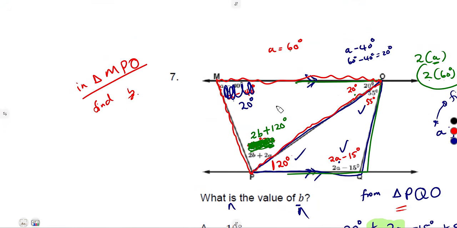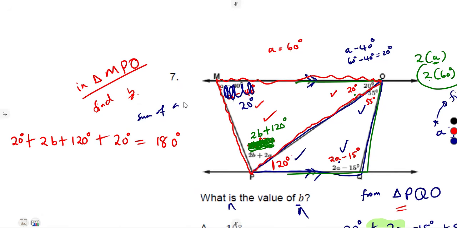So let's consider that angle 20 degrees plus 2B plus 120 degrees is supposed to give us 180 degrees, the sum of angles in a triangle. So you have formed an equation where we only have B as our unknown.